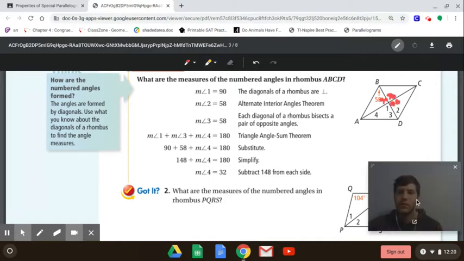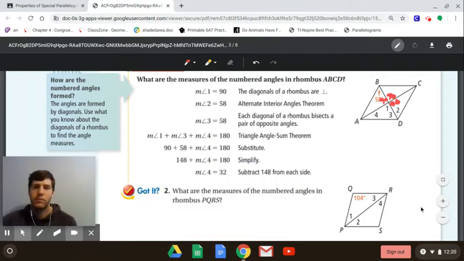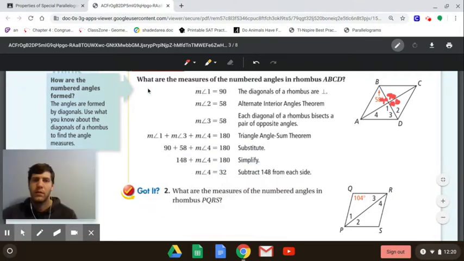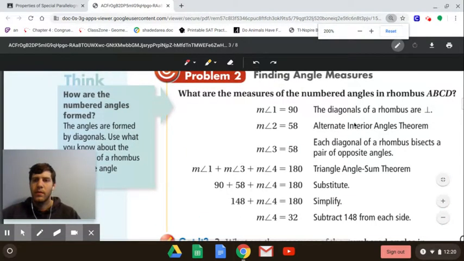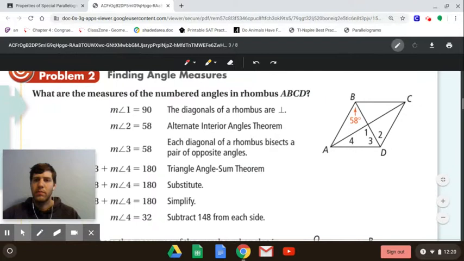Let's see if we can zoom in some more. Okay. So we know diagonals are perpendicular, so all of these are going to be 90s.